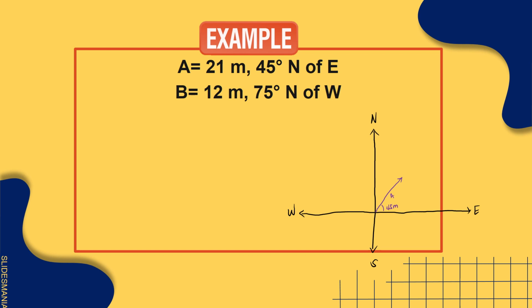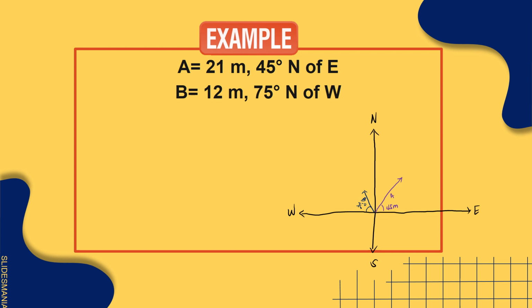For letter B, we have 12 meters, 75 degrees north of west. So assuming that this is already 75 degrees, and this is your vector B. Now let's find the x and y component of each vector.